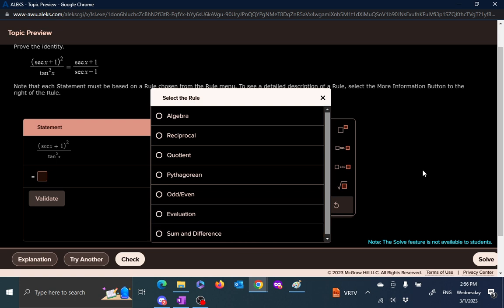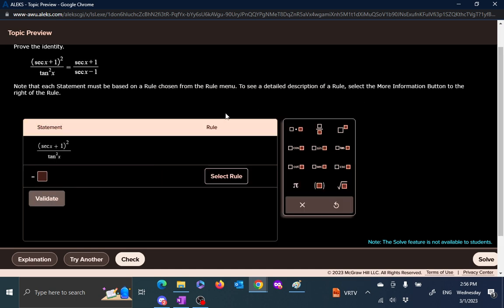So, secant of x plus 1 squared over tangent squared. You see that one factor of secant plus 1 is the same as the factor on the right hand side, which means one of these powers cancels with something in the denominator.